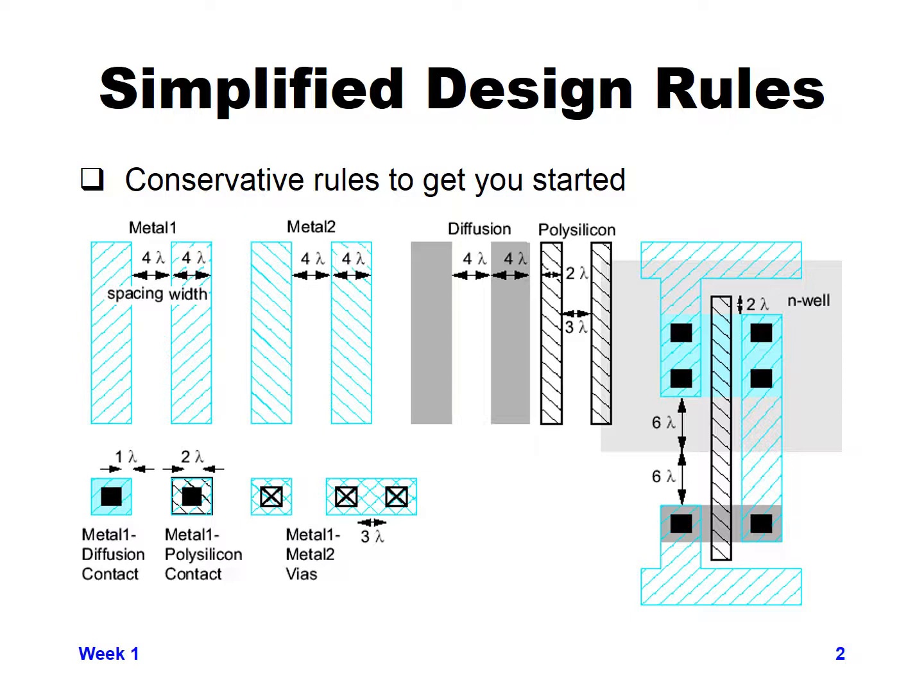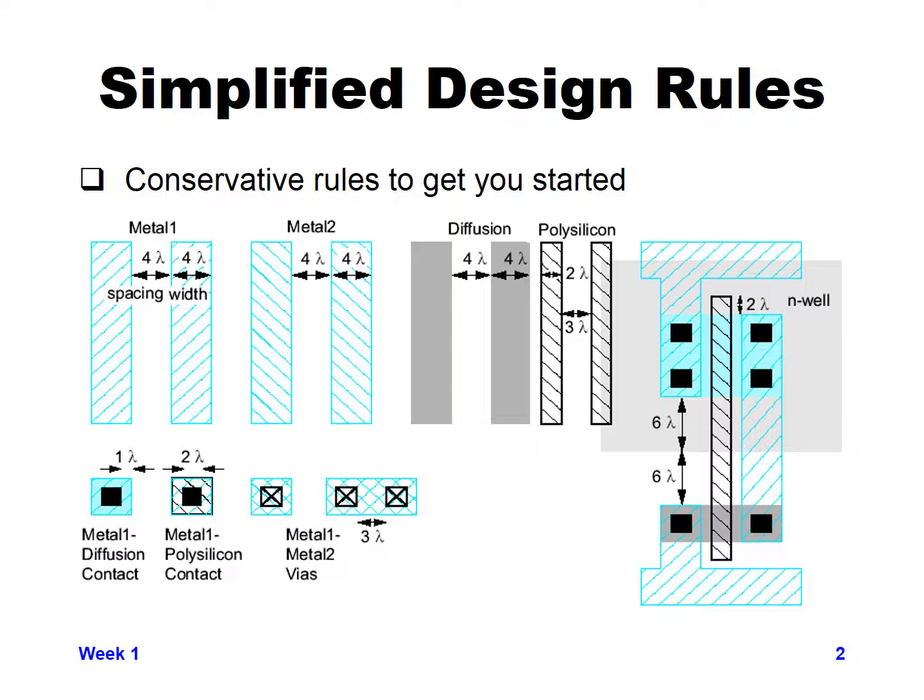And then if you have an NMOS device outside of the N well, so N plus diffusion, the minimum spacing for that NMOS transistor's N plus diffusion has to be at least 6 lambda outside of the N well. It can't be any closer, otherwise you might accidentally have your N plus diffusion start shorting to the N well. So these are just a few of the various design rules.